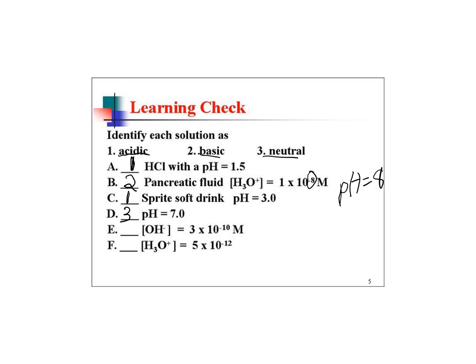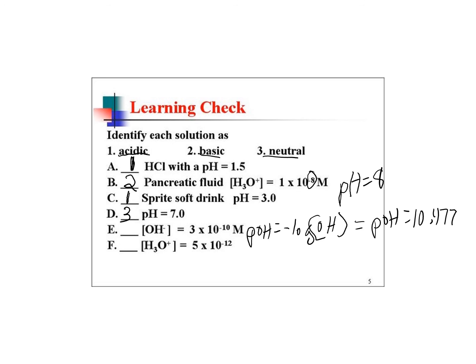Now we have a hydroxide ion concentration equal to 3 × 10⁻¹⁰ molarity. So we could go ahead and plug that into our calculator and do pOH is equal to the negative log of the hydroxide ion concentration. And we could solve for that, and we would get pOH is equal to 10.477.